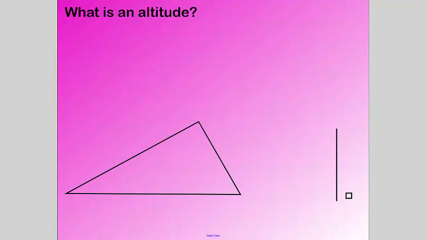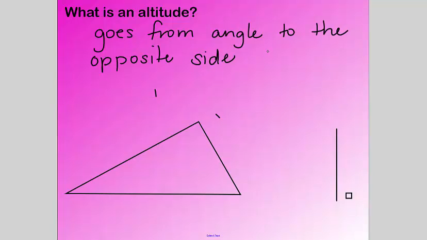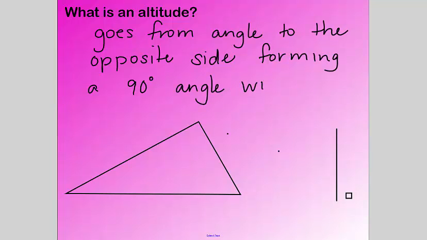And an altitude goes from an angle to the opposite side, forming a 90-degree angle with that side.